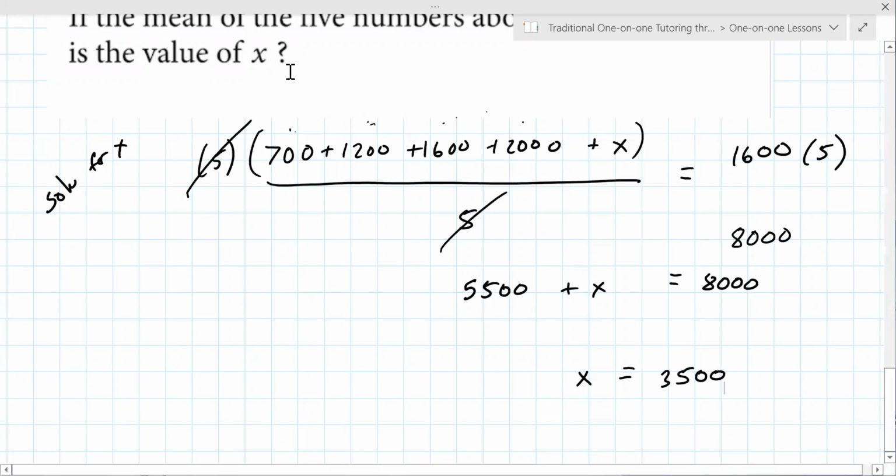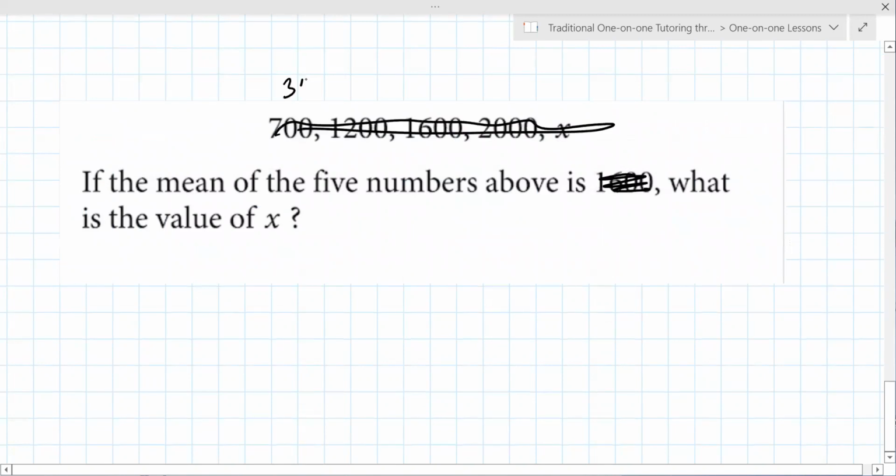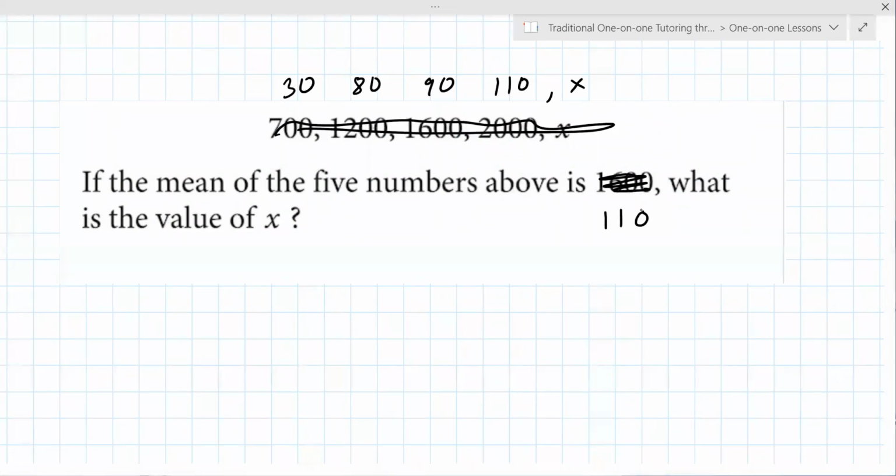So let me grab the question again. I'm going to change the numbers, and we need to do this faster. So let's say the numbers are 30, 80, 90, 110, X, and the average is 110. So same question, just different numbers, but I need to get a little faster at this.